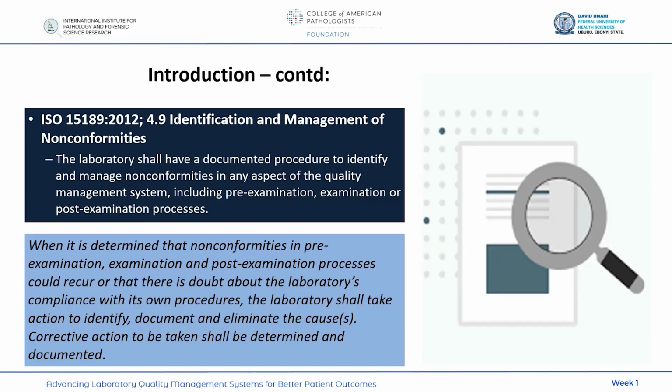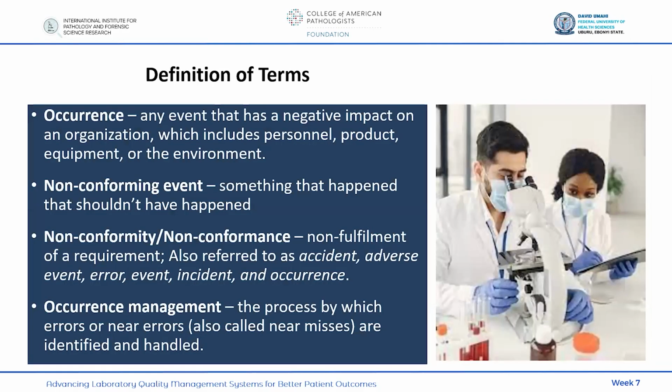Corrective action to be taken shall be determined and documented. You see the keywords there are identify, document, and eliminate and correct. So as we are going on, we'll be able to see how this can be implemented in our laboratory in order to enhance quality.